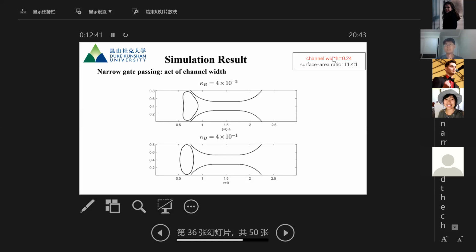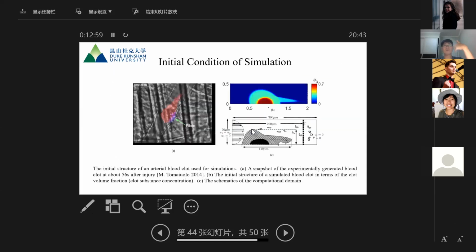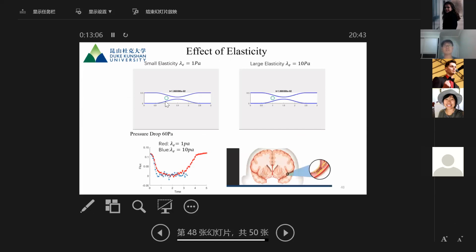Oh, so yeah, I was thinking, are we talking about one red blood cell here or a clot? Oh, for here it's a red blood cell, but just as I said, the red blood cell is one of the main reasons to induce the blockage of the narrow region. So my last experiment shows the clot passing through this narrow region, right?